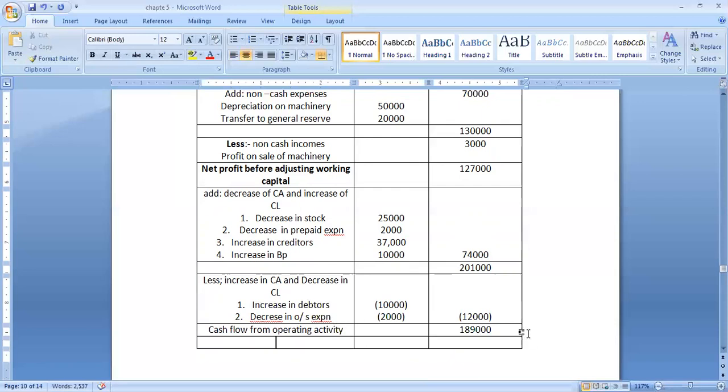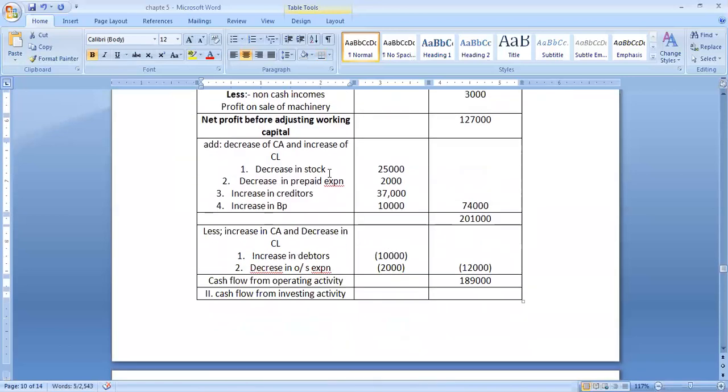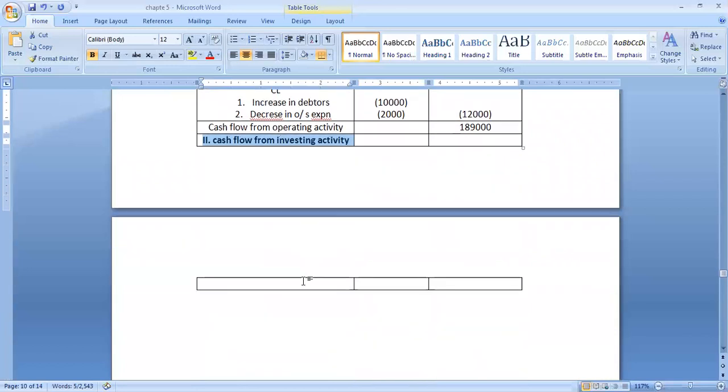Now record the second information, that is cash flow from investing activity. Here, very important, cash flow from investing activity. Here you will record the purchase and the sales information.